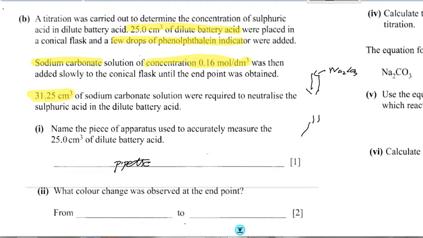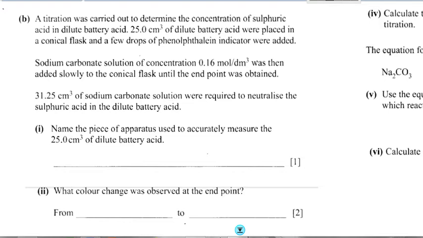You've got your acid in there, so this is colourless and acid, and as you add the sodium carbonate to it, the first drop of excess sodium carbonate is alkali, so it will turn pink.